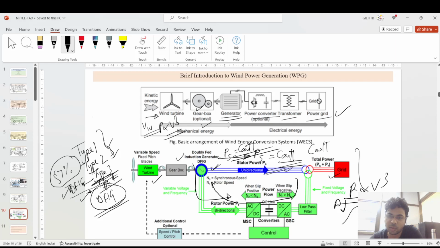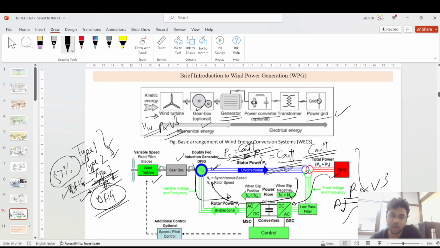So the stator power fed to the grid is constant, so there is no variability. Why is there no variability? Because it is taking power from the grid when the generation is low.